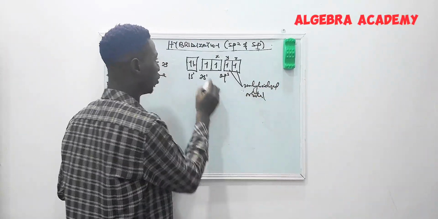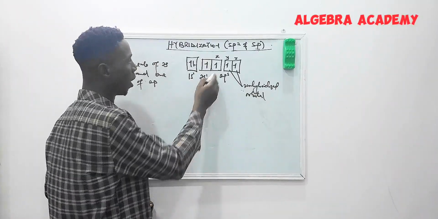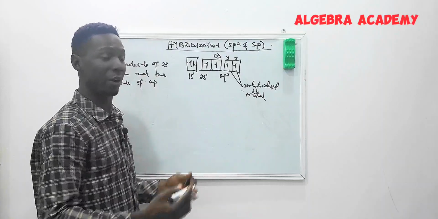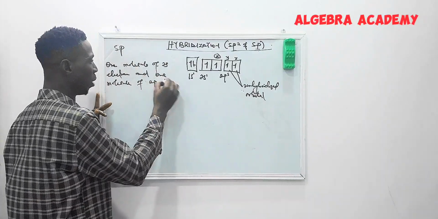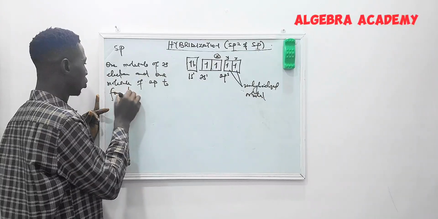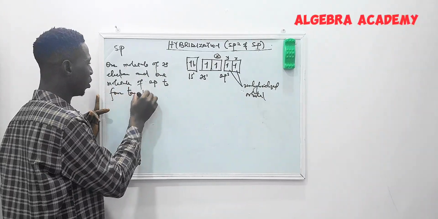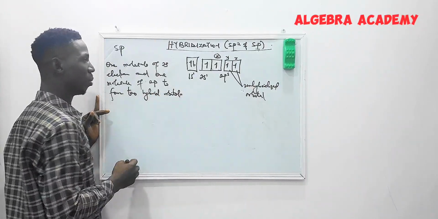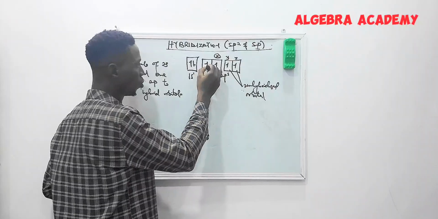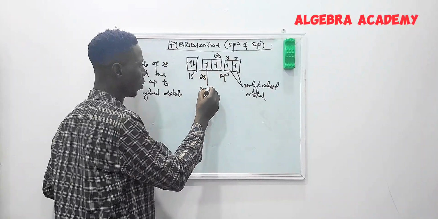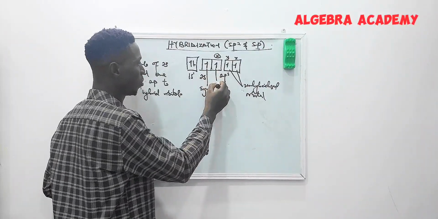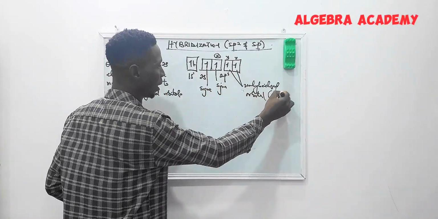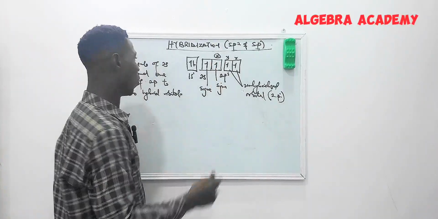That means here now we have just one of the two S and one of the P, which is particularly X, that are being hybridized together to form two hybrid orbitals. And don't forget, these two that are being hybridized form sigma, but this time around sp sigma, sigma. While these two will form pi, pi, 2 pi as a matter of fact. One from Y and one from Z.